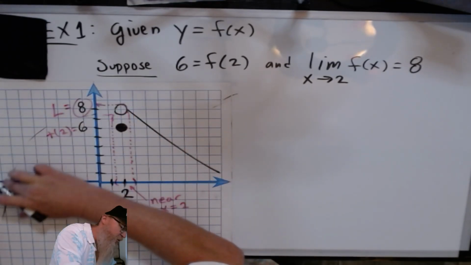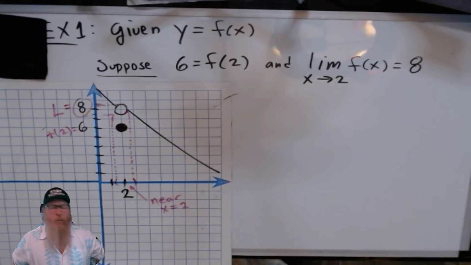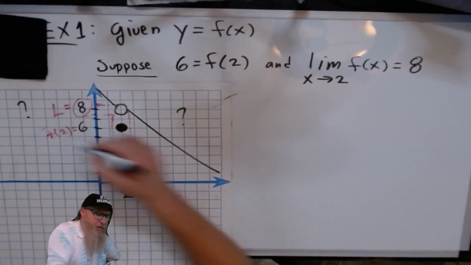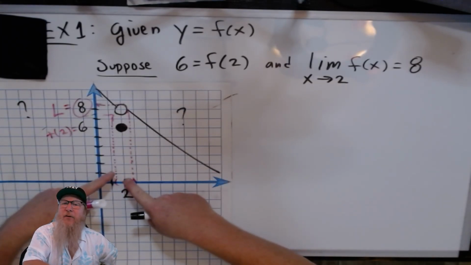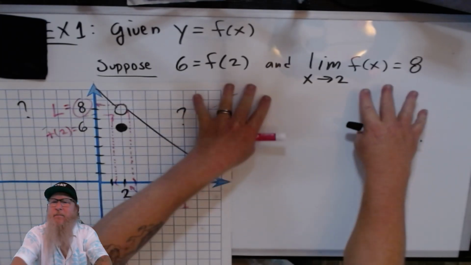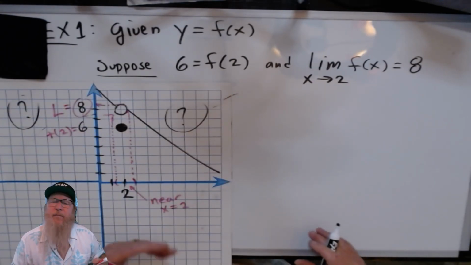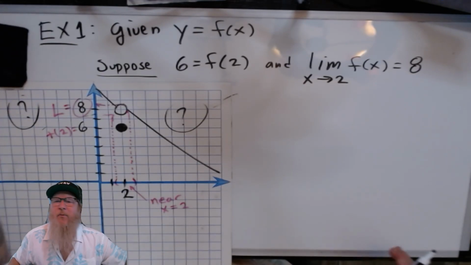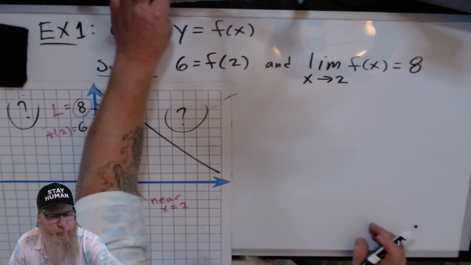We can't really assume that. Based on the information that we have, we just know that near x equals 2, we know the way the graph is behaving, but we don't know what's happening away from x equals 2. Not in this introductory example 1. We would need more information to determine what's going on outside.